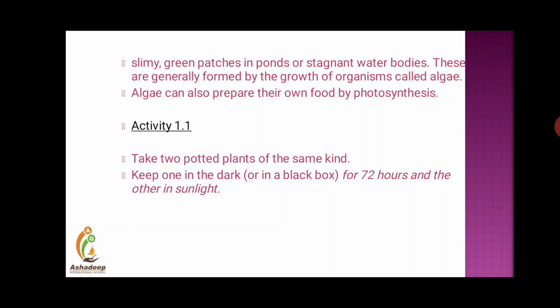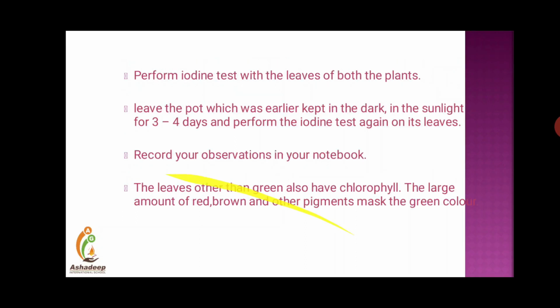Let's see a fun activity. Take two potted plants of the same kind. Put one in a dark condition, and one in a light condition.